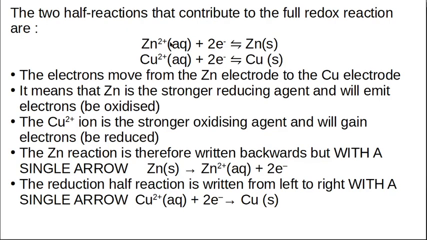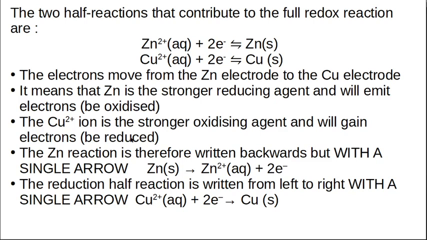So here are my two reactions. This is how they are written in the table. When they ask you for the half reaction, you have to give them the reaction that actually occurs. And this copper one is correct. The copper 2+ ions are going to copper metal, but this zinc is going back to zinc 2+. So zinc is going to be oxidized, and the copper 2+ ion is going to be reduced.